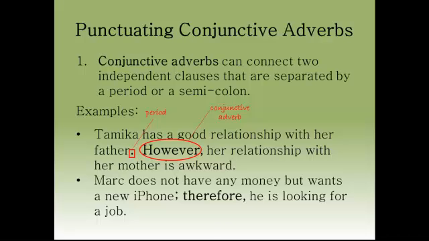Let's look at our second example. Mark does not have any money but wants a new iPhone; therefore, he's looking for a job. In this case, the first independent clause, Mark does not have any money but wants a new iPhone, is concluded with a semicolon.